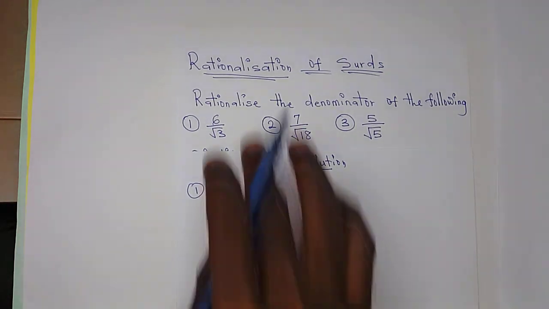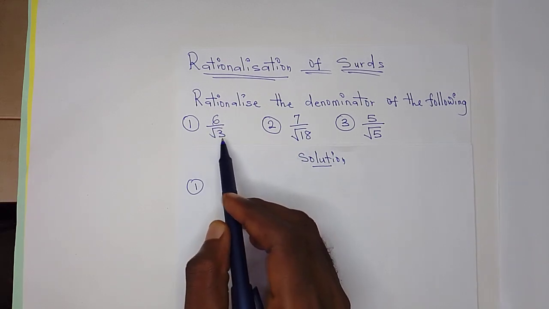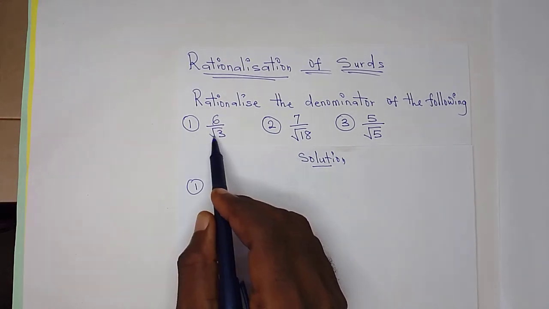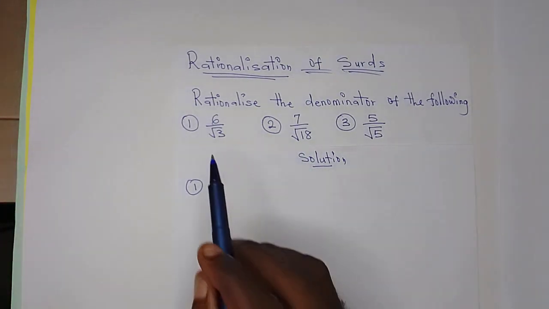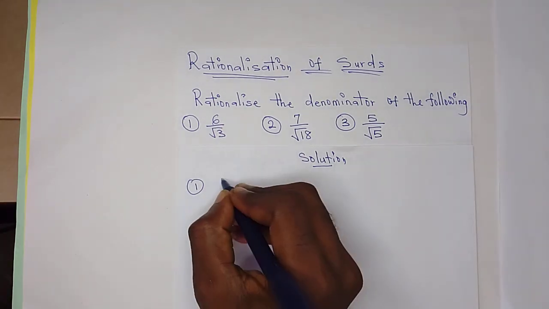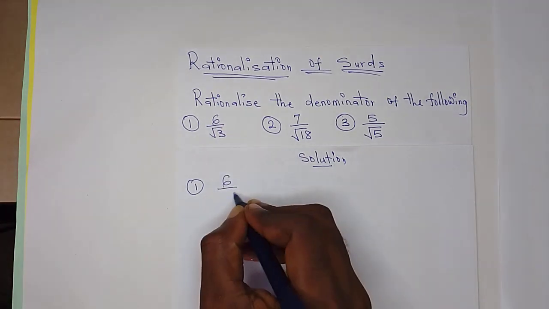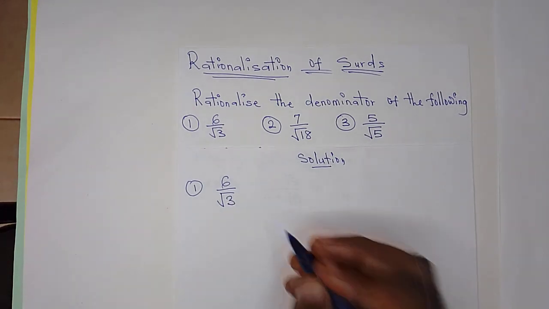Now, how do you rationalize this surd? How do you make this 6 all over root 3, this root 3, become a whole number? What you do is that you multiply the numerator and the denominator. Let's take it practically. 6 over root 3.